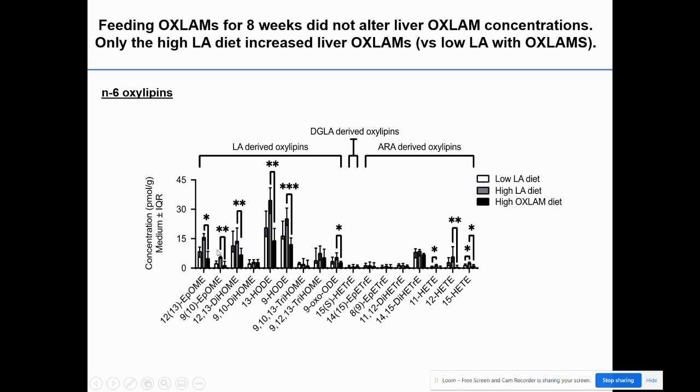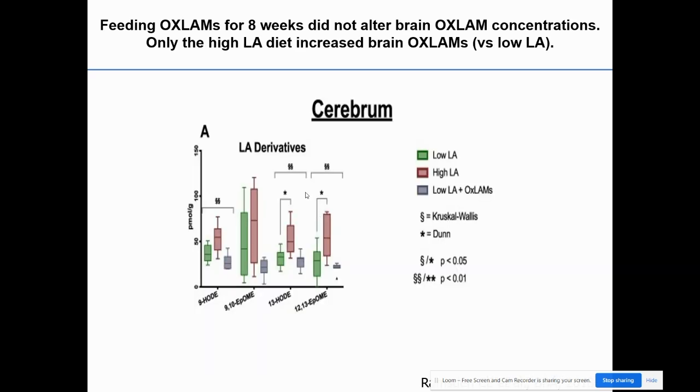And this is true for all the OXLAMs that we looked for. Again, high LA increases OXLAMs. OXLAMs themselves in the diet don't really change liver OXLAM concentrations. We see a similar thing in the brain. Again, the high LA diet increases the OXLAMs, but the OXLAM diet does not change their concentrations.